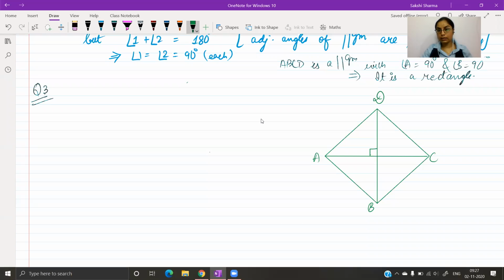You are given that the diagonals are intersecting at right angles. So you can just indicate one angle here, 90 degrees. Other than that, the diagonals are bisecting each other. So the parts of the diagonal AC are equal and the parts of the diagonal BD are equal.